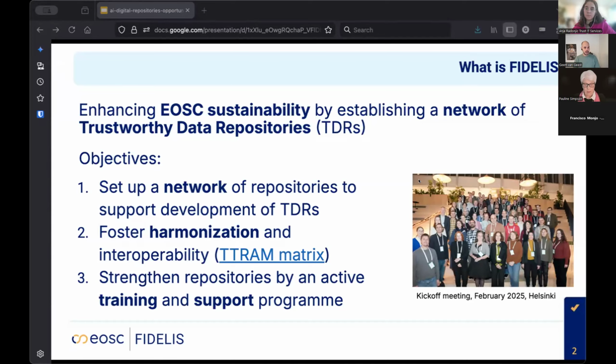As a third objective, we try to strengthen repositories by an active training and support program. This webinar is part of that training and support program. It's much broader than that. We have different ways of how we try to support the members of the network in making their repositories more trustworthy.